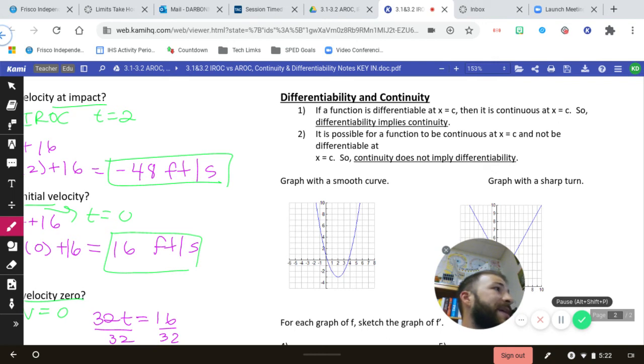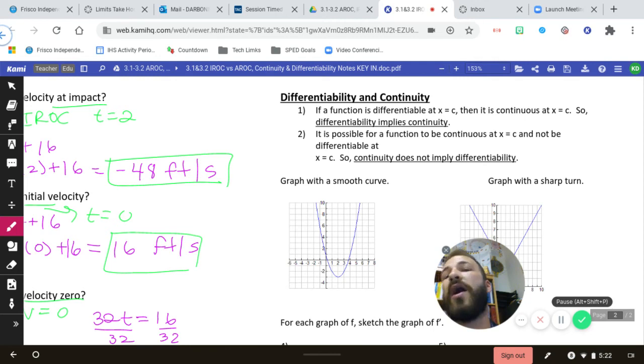So if I can take a derivative, then my function has to be continuous, which makes sense, because to be able to find a slope at a point, my point's got to be there, my limit's got to be there, the whole function has to be working. But it is possible for a function to be continuous and not be differentiable.